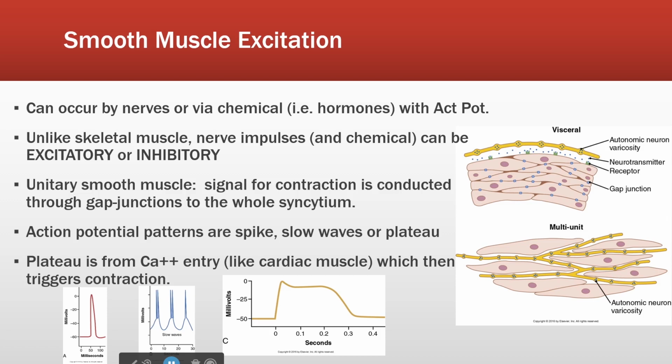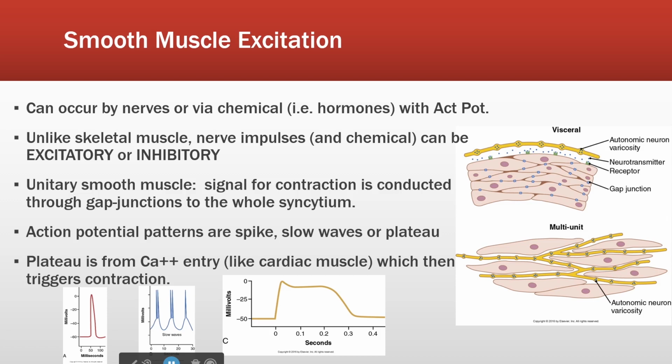Well, if you think about how an action potential works, it means that if we have a membrane potential change in one cell and we have gap junctions, that membrane potential change is going to be transmitted to another cell. So it's the gap junctions that let unitary smooth muscle work together. So it means that when one area of smooth muscle depolarizes, it depolarizes the rest of the smooth muscle too. So it allows the whole syncytium to work together to accomplish a thing.